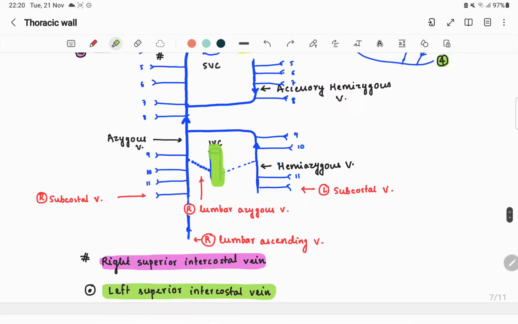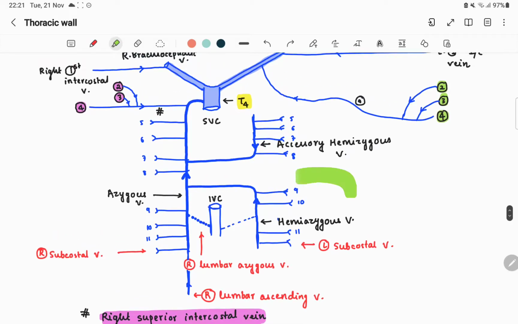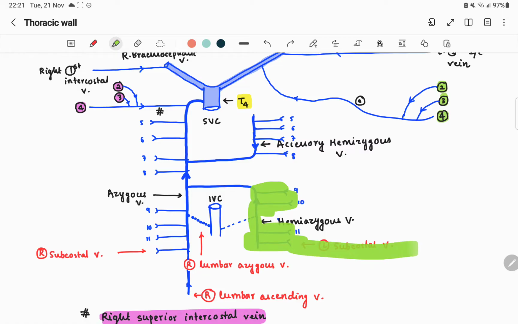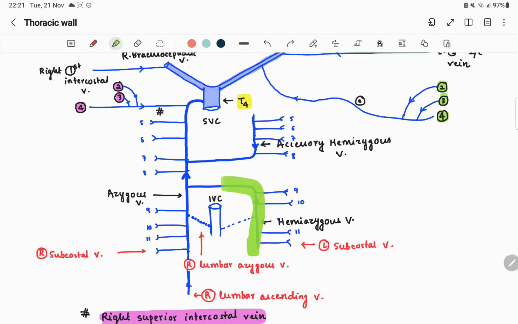And this is connected to the inferior vena cava by the right lumbar azygos vein. On the left side, the 9th, 10th, 11th, and the left subcostal vein drain into the hemiazygos vein, and this hemiazygos vein is again draining into your azygos vein.